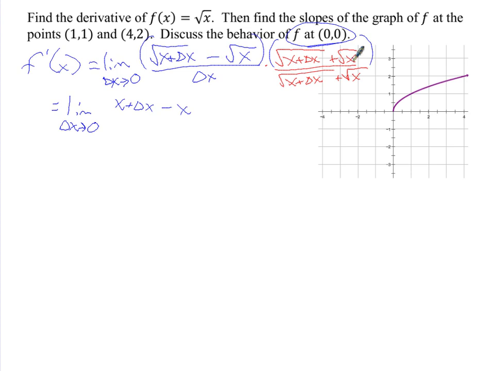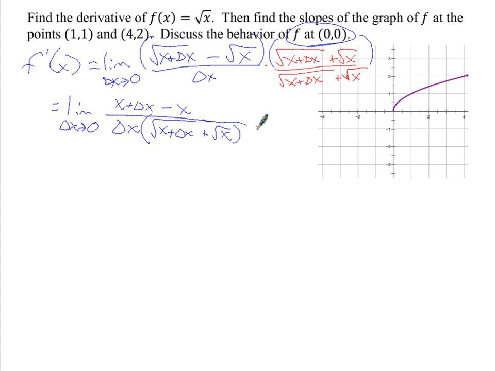Negative square root of x times positive square root of x becomes negative square root of x squared, which is just x. All divided by? Plus square root of x. Good. Don't distribute, right? We want factors to divide out, so we're not distributing.